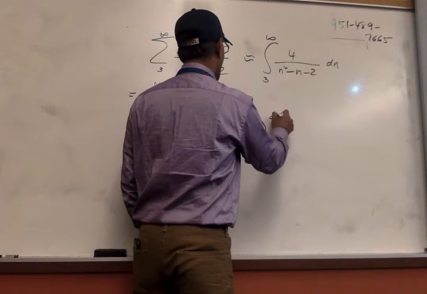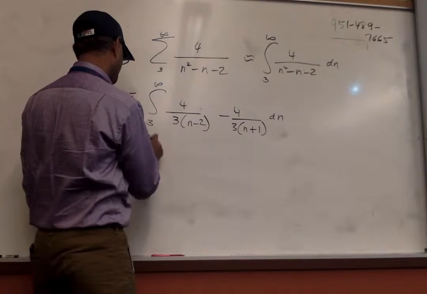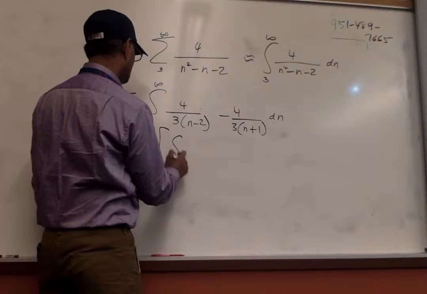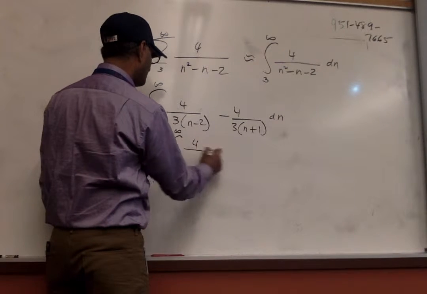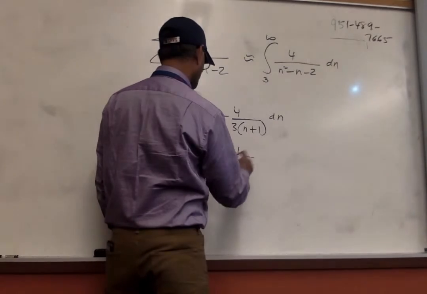I want to see if learning happened. If you understood the previous example, what should I do next step? Thank you, factor out the 4/3. Integral 3 to infinity, 4/3 times 1 over n minus 2 minus 1 over n plus 1.